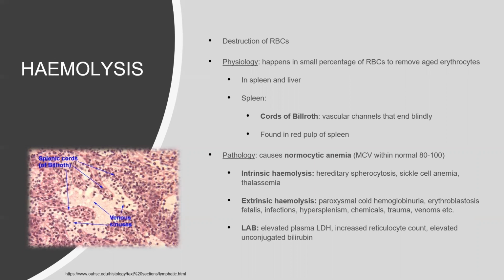LDH is lactate dehydrogenase, and erythrocytes, as I've told you before, do not have mitochondria, so they use anaerobic glycolysis. And in anaerobic glycolysis, LDH converts pyruvate into lactate.